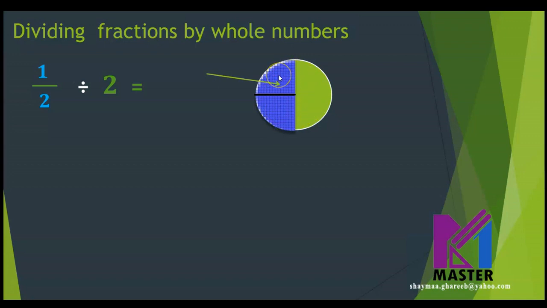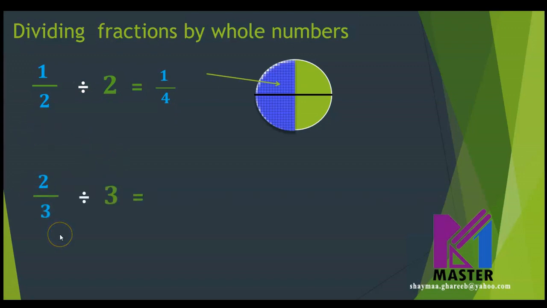I need to complete it into 4 quarters, as you can see. So I will write it 1 over 4. So the value of this part is 1 over 4. So when I divide the half by 2, I will get 1 quarter. And we can do it mentally because the quarter is half the half.